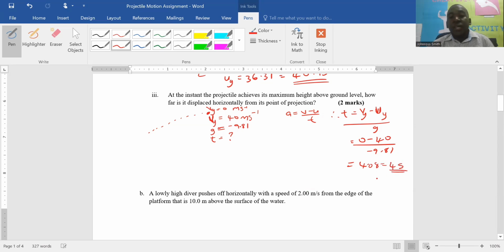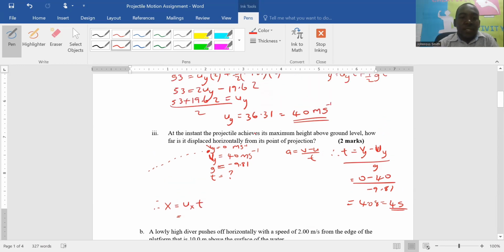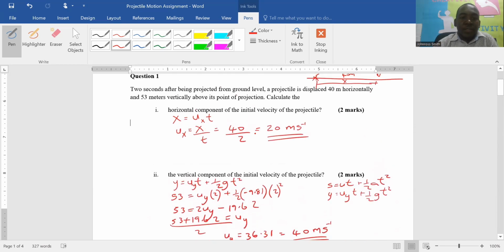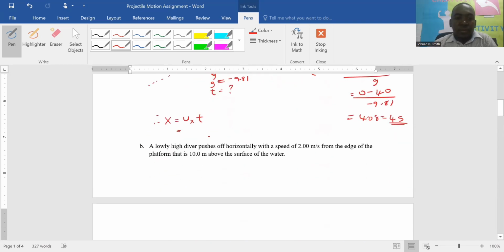So it takes 4 seconds to reach the maximum height. Then we can find x, which is equal to ux times t. The ux does not change because there is no acceleration. So it's 20 times a time of 4, and we get 80 meters.